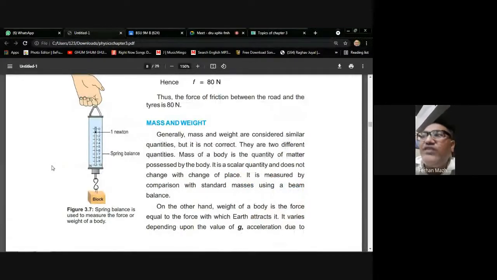Do we need to read it or we just let it go? Should we go further? Do I need to read this or no? She says yes. You want me to read it? Okay. So generally mass and weight are considered similar quantities.